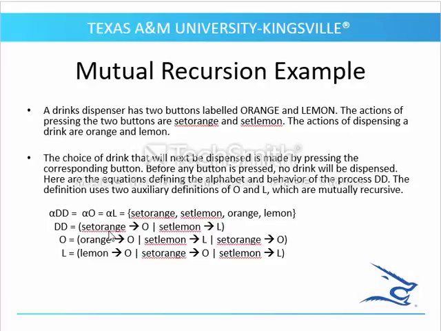If he goes for set orange, then it would be in this state, to dispense the orange, or set lemon to go for the lemon state, or set orange, which is already in the orange state. If he goes for the lemon, then it would be at the lemon state. Then it would have an option for set orange to go back to the orange state, or set lemon, which is already in the lemon state. This is a mutually recursive thing.